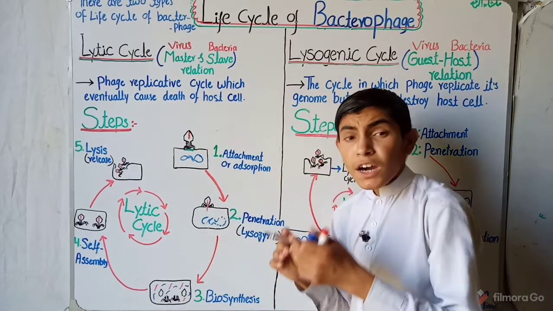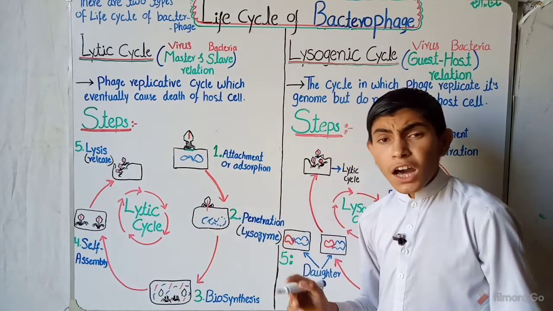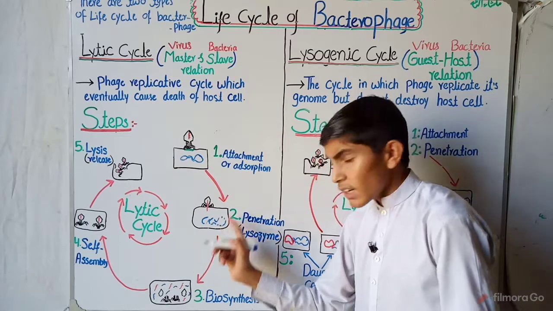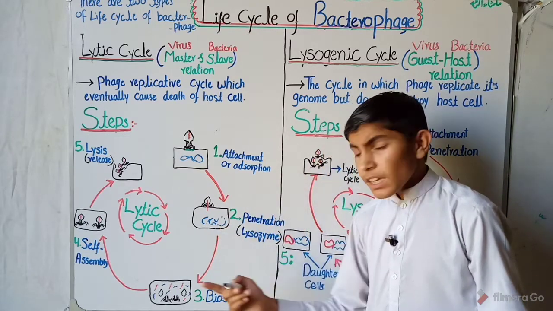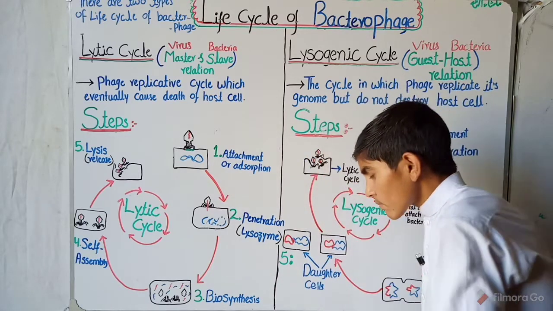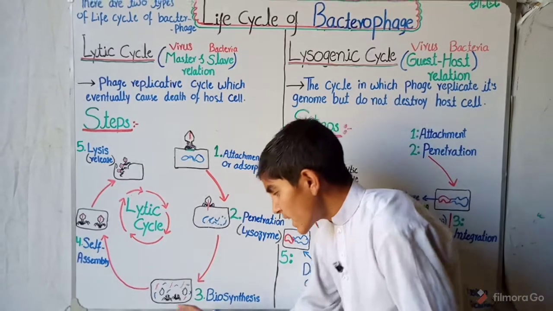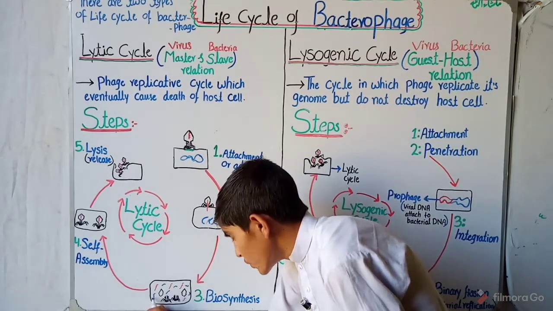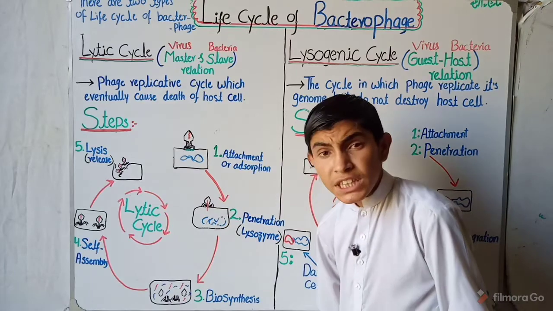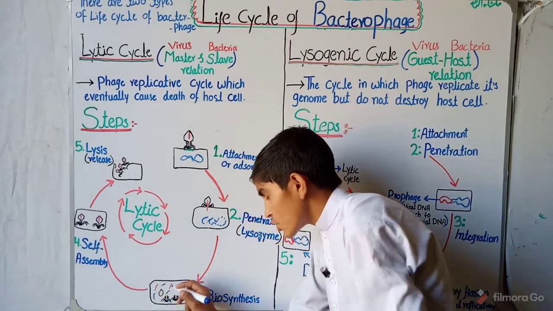With the help of the ribosomes of the bacteria, the DNA of the virus degrades the DNA of the bacterial cell. You can see here that these blue parts are the genome of the bacterial cell. They are degraded by the virus genome.